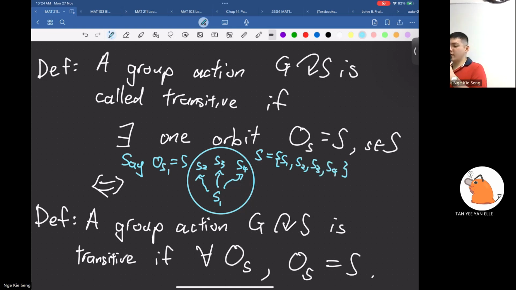Then, meaning if I take OS3, OS2, OS4, I can reach all the other elements through this S1. Okay, so this implies what? OX2 equals OX3 equals OX4 equals OX1. Does it make sense or not?